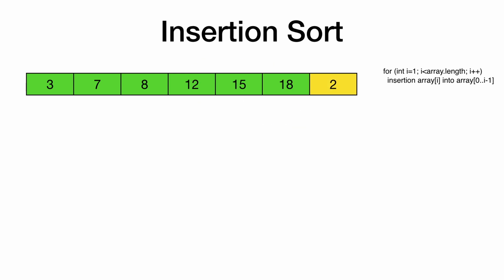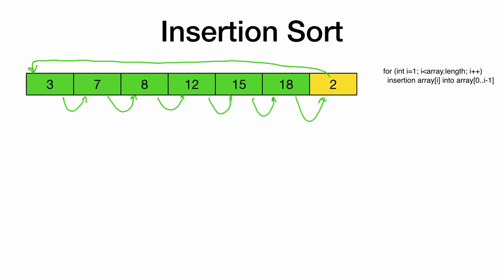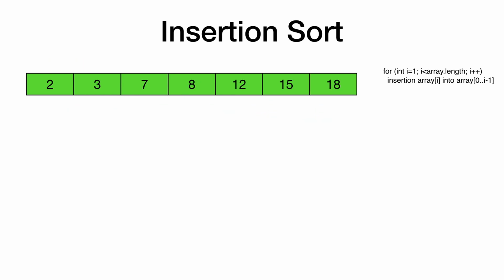And then finally with the 2, we're going to bring the 2 all the way to the beginning and shift everything down by 1. And there we go. Now our entire array is sorted, because we got to i less than array length minus 1 and we can stop. We now put everything in the place where it should be.